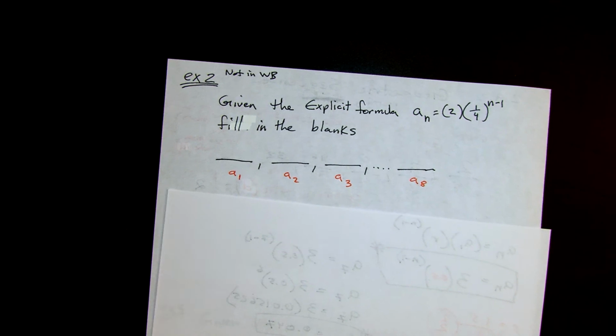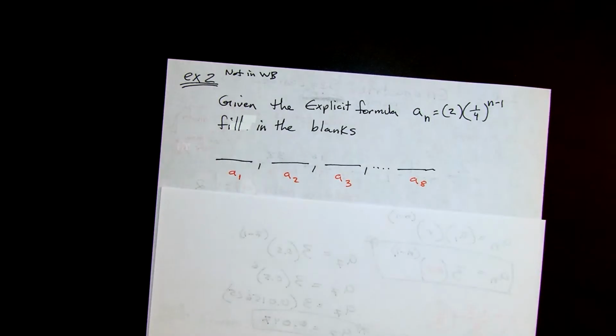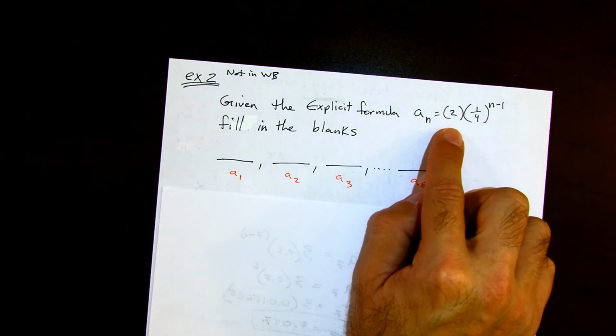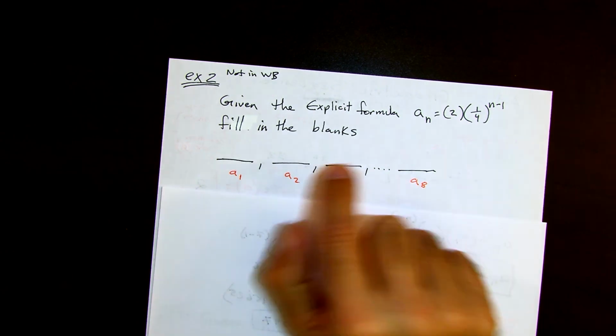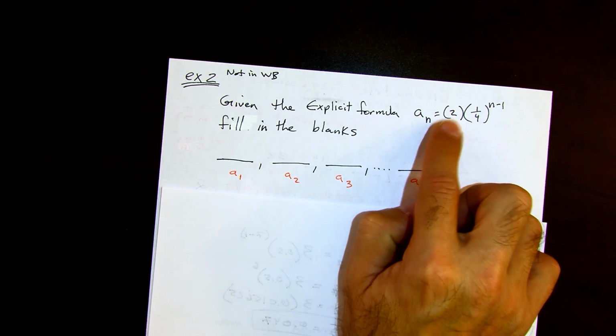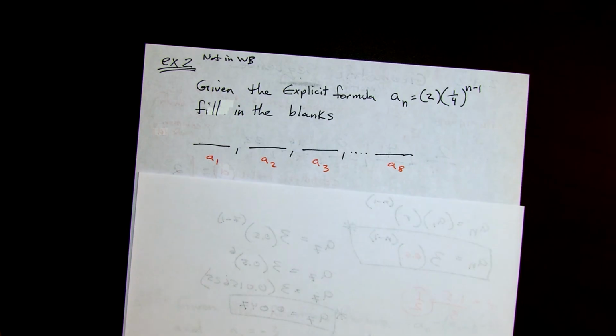And this right here, I'd really like for you just to go up here and just write the explicit formula. Just write the explicit formula. And then we'll put 4 blank spots here. And there's a couple ways to approach this.